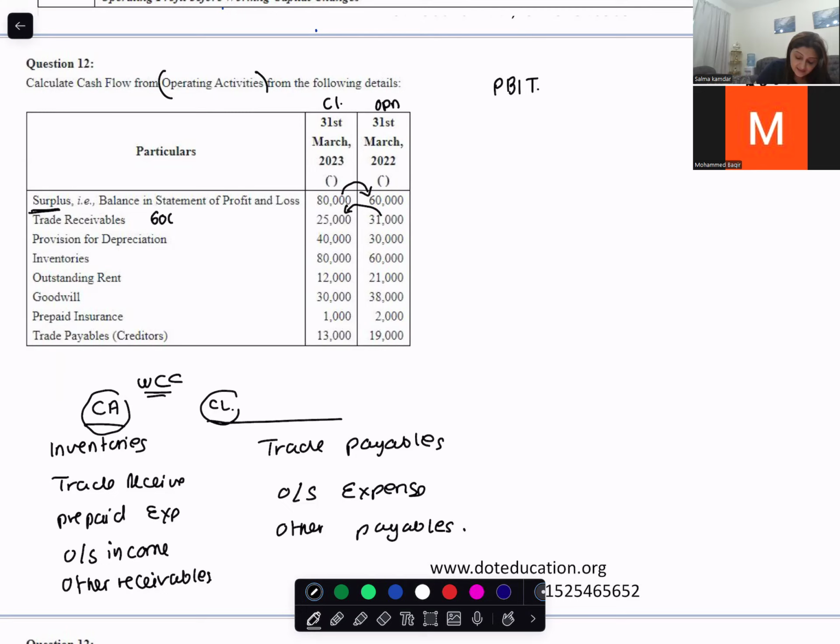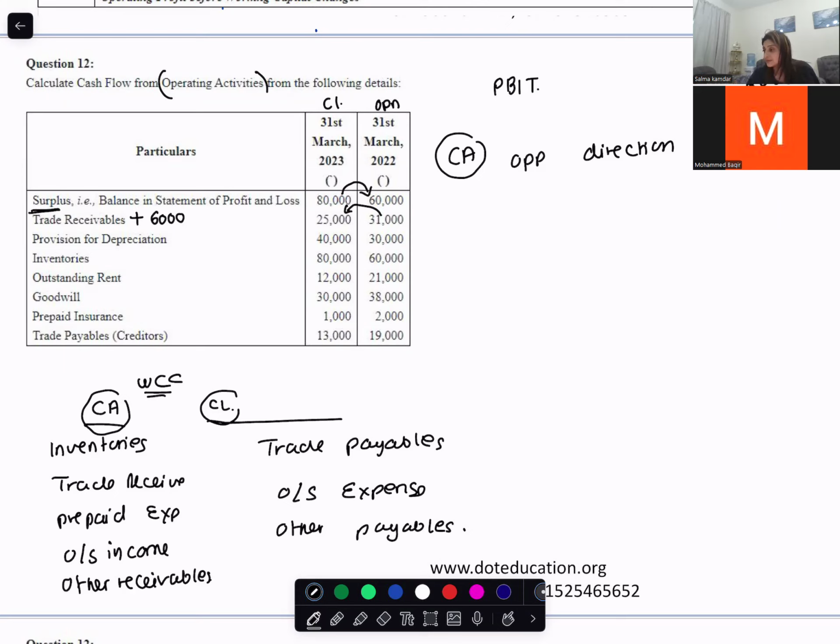If current assets are decreasing, will you add or subtract? I think subtract, right? Current asset works in the opposite direction. Oh yeah, sorry. It will be added. 6,000.